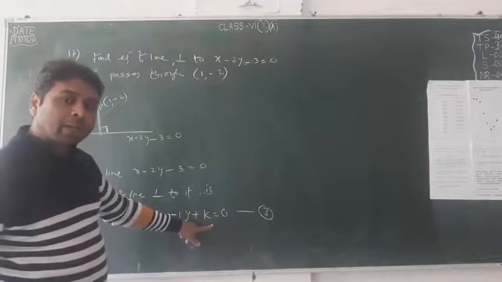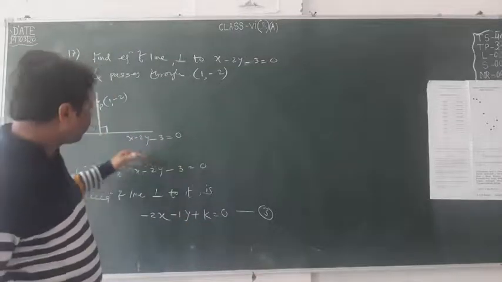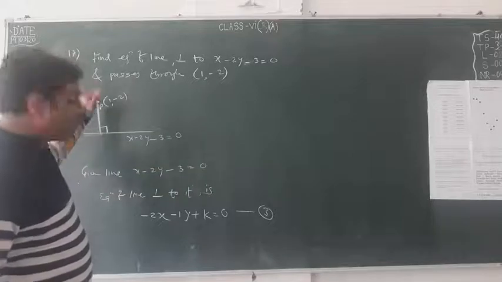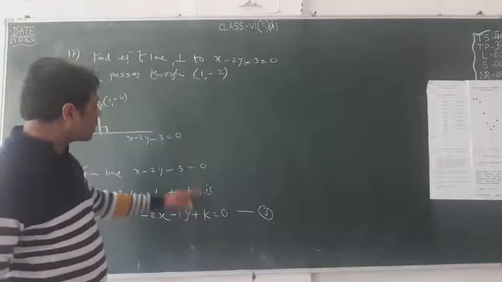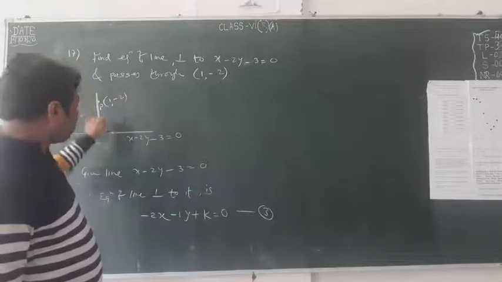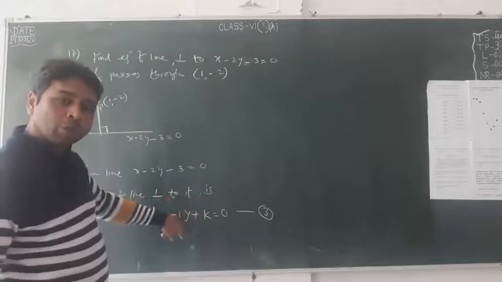So I will tell you how we can find k. We will read the question carefully, in which it is written: find the equation of the line perpendicular to this line and passing through this point. So this line has come for that, and this line is passing through P. So P will satisfy this equation, so that we can find k.